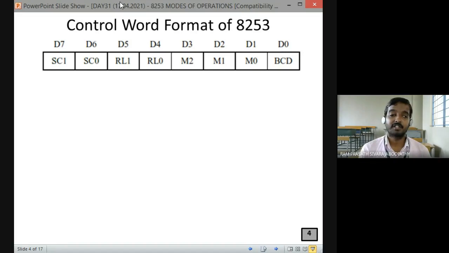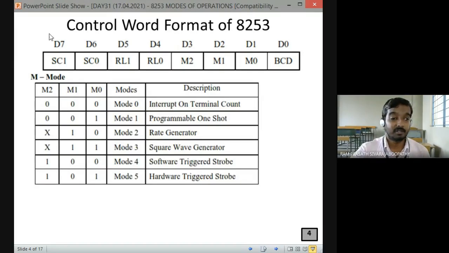Okay, so for that we have 3 bits. If it is 0 0 0, mode 0; 0 0 1 means mode 1. Then if I put M1 and M0 as 1 0, then M2 becomes don't care. If I put M1 and M0 as 1 1, then M2 becomes don't care. Then for mode 4 it is 1 0 0, for mode 5 it is 1 0 1.